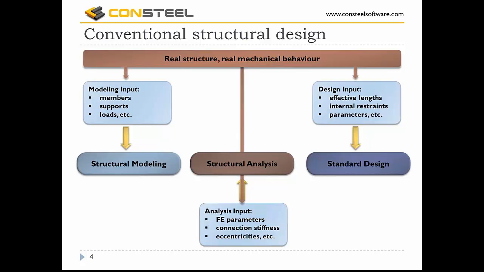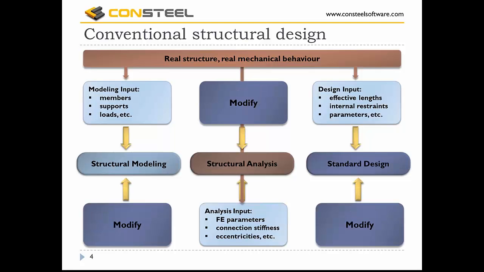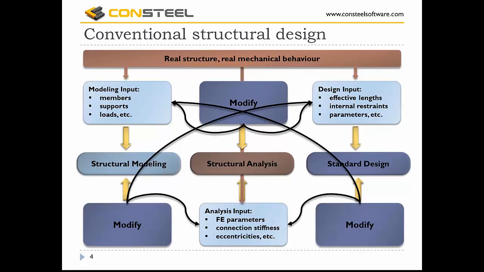And we should always consider the real structure, the real mechanical behavior, when making the assumptions for these three types of inputs. And when we have to modify, we have to optimize our structure, then we have to consider all of these phases. And when these modifications interact with each other, this can be the way of optimization.